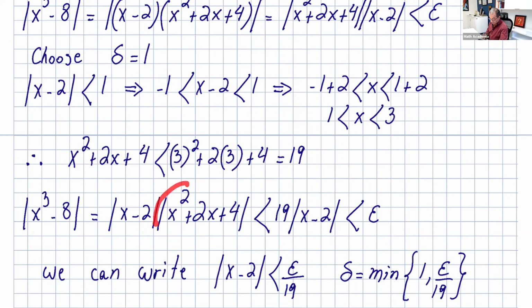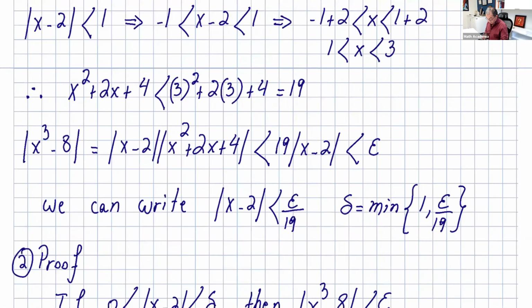And we know this is less than 19, so you can easily substitute that by 19, and you know that's less than epsilon. So in this case, we can write the absolute value of x minus 2 is less than epsilon over 19. And that's another way of writing it. So we can pick delta to be 1, that's what we guessed, or epsilon over 19. Let's see if that works.